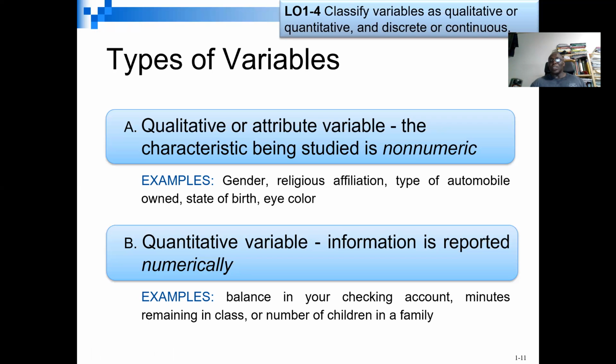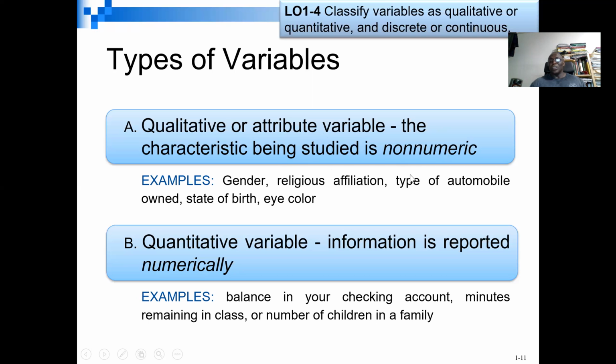We cannot say a gender can be 20. Religious affiliation cannot be 60. They have to be either Christian, Muslim, etc. Type of automobile owned, it cannot be a value. So again, qualitative or attribute variable is the characteristic being studied that is non-numerical.